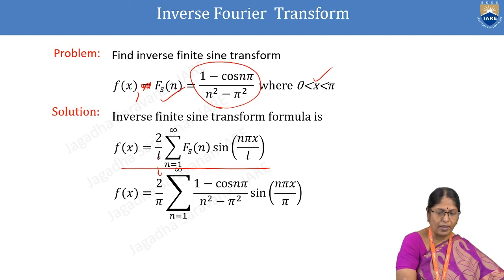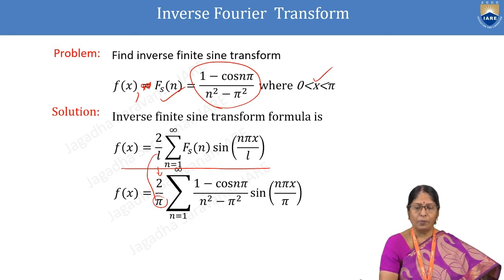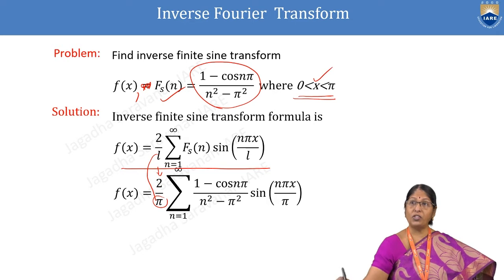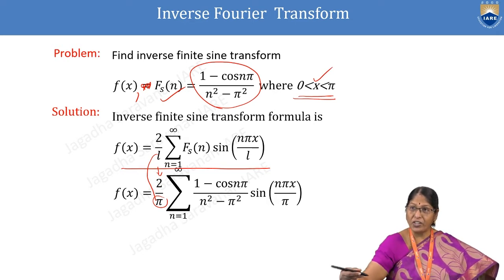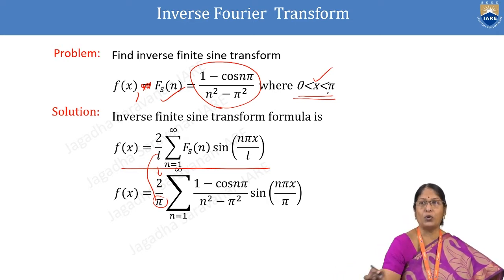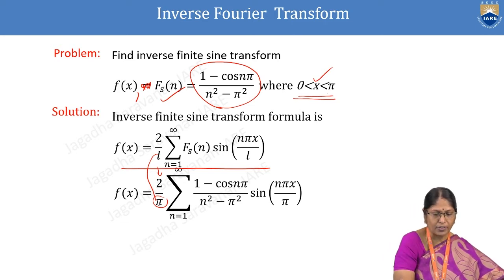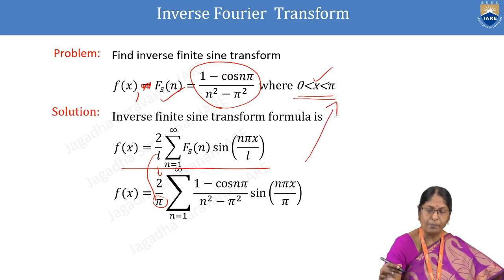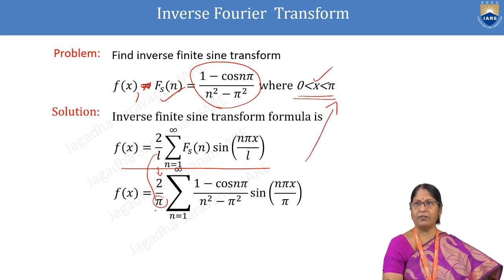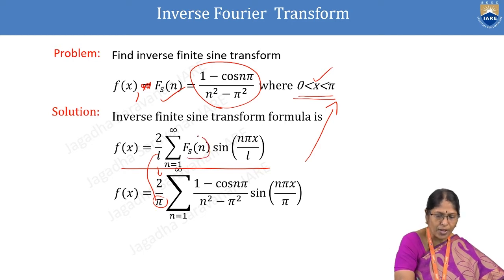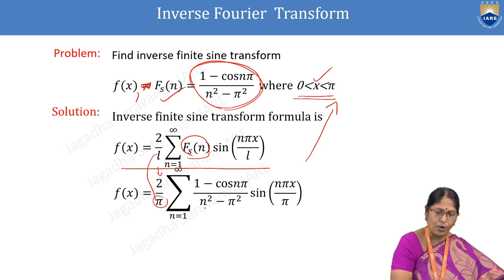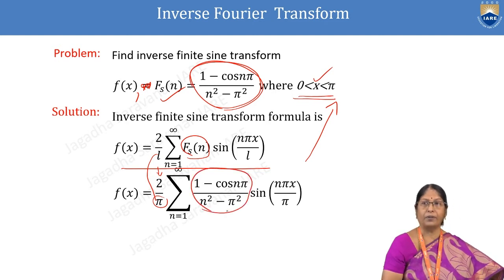We are noticing this L is replaced by pi, because according to the formula x lies between 0 to L, but according to our problem it is 0 to pi. So L takes the value pi. Now the Fourier sine transform value, we just substituted here.